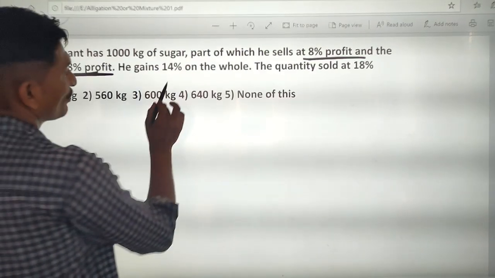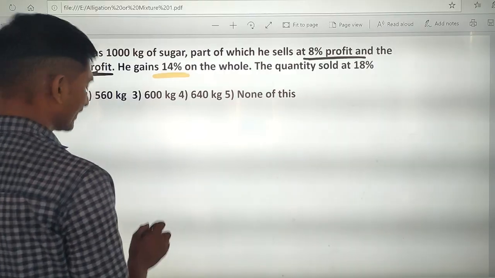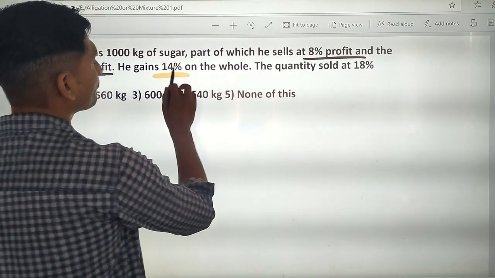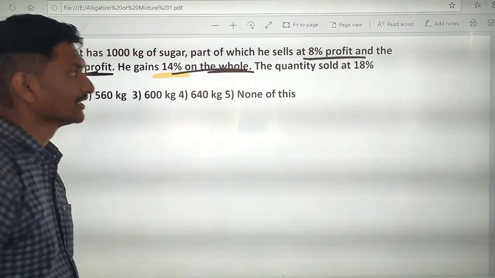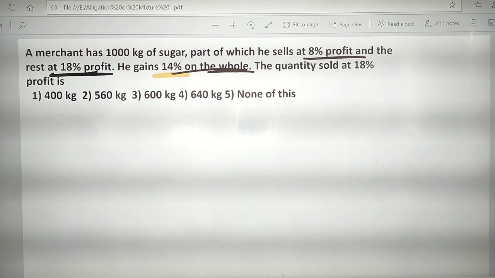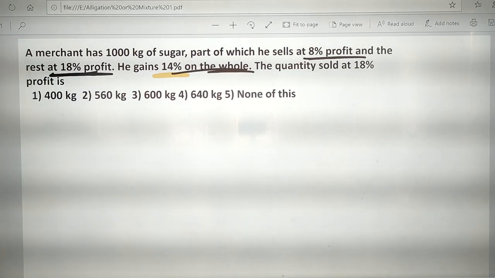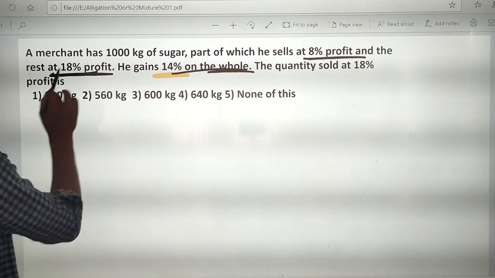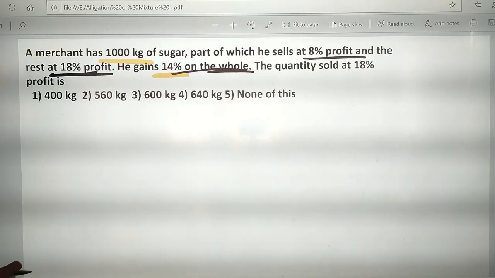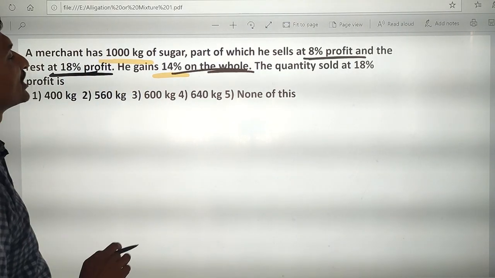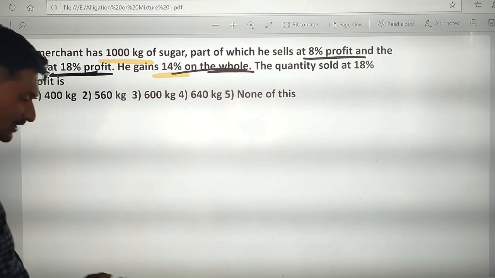He gains 40% on the whole. Find the quantity sold at 18% profit. Total sugar is 1000 kg.